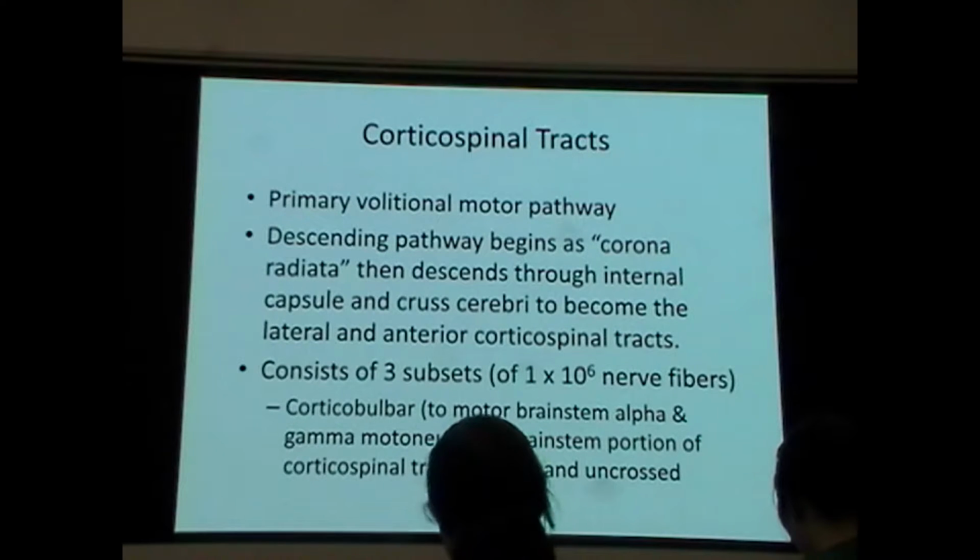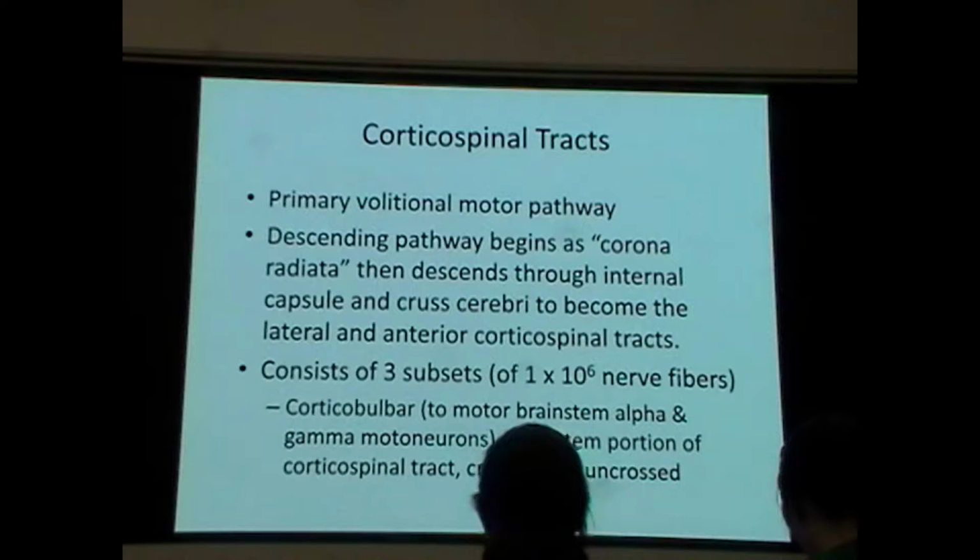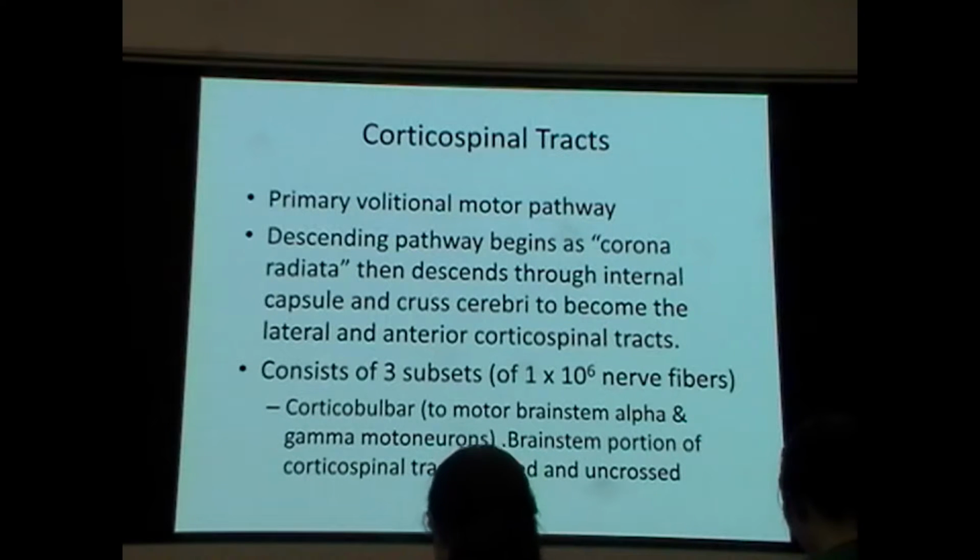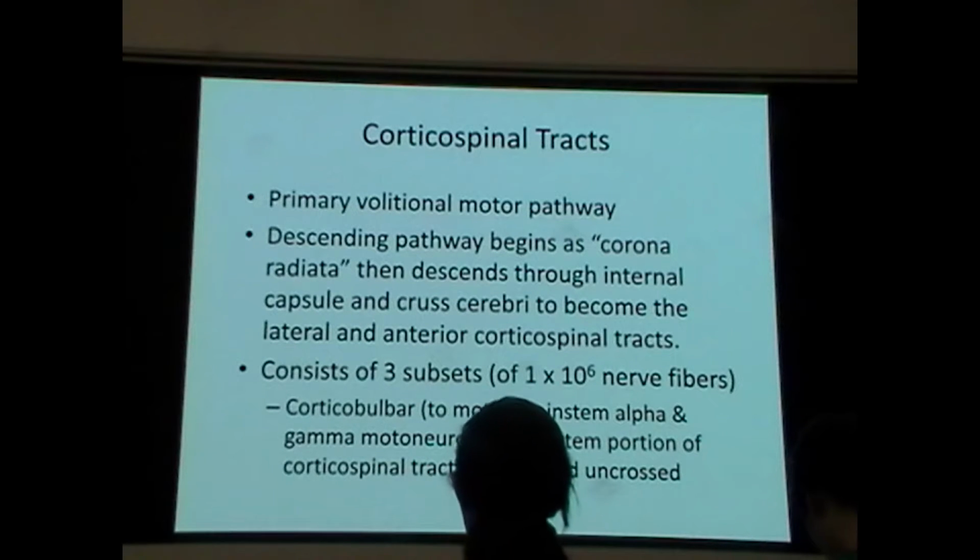Corticospinal tracts are associated primarily with the descending pathway beginning as what's referred to as the corona radiata. Basically, this looks like a sunburst that is descending from the highest centers of the cerebral cortex, from neuron populations in areas such as the precentral gyrus, the supplementary motor cortex, the frontal cortex, and so forth.